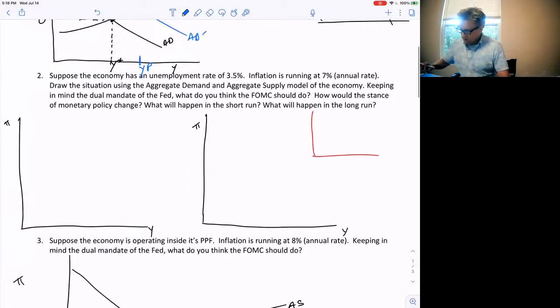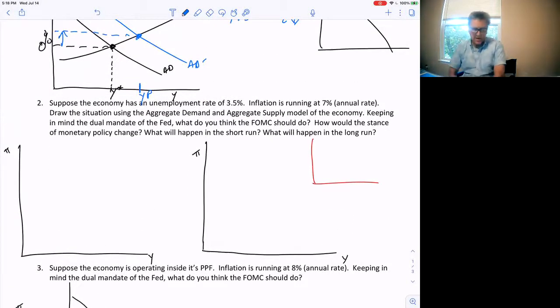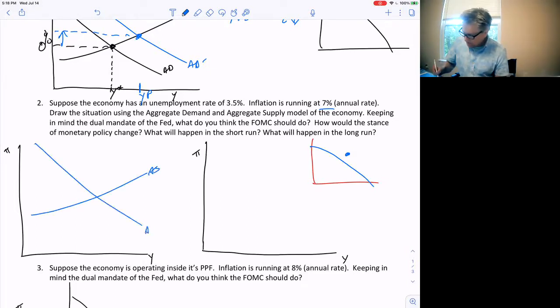Now, problem number 2. Suppose the economy has an unemployment rate of 3.5%. So that's very low. That means we're actually outside the PPF a little bit. But inflation is 7%, which is too high. So for this situation, we've got an aggregate supply curve and an aggregate demand curve.